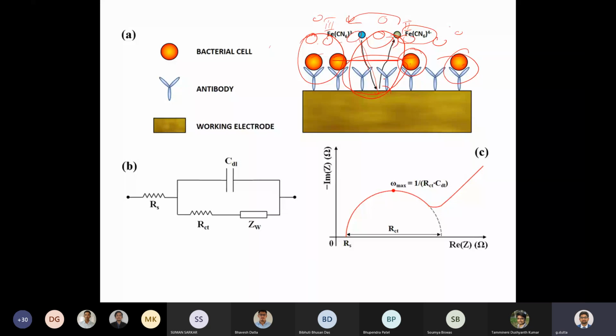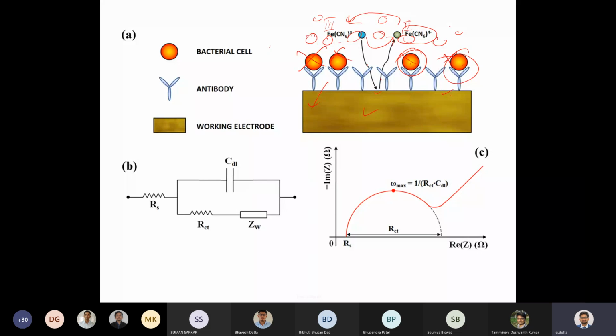So you will get some electron flow in this region, but in this region no flow. In this region there will be a little bit of flow. But if there is no target, if you remove all the target, then you will get the highest electron flow, so you will get the lowest impedance, right?